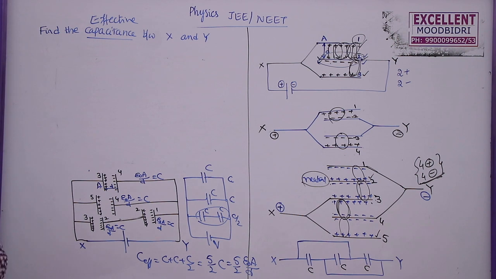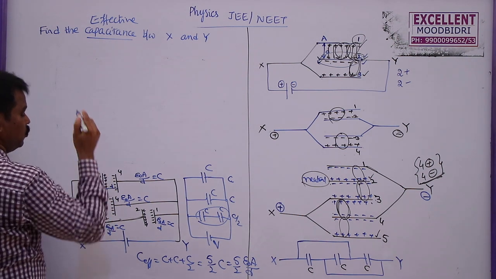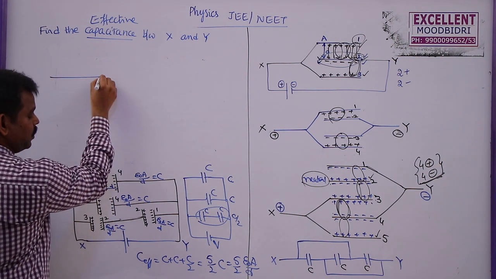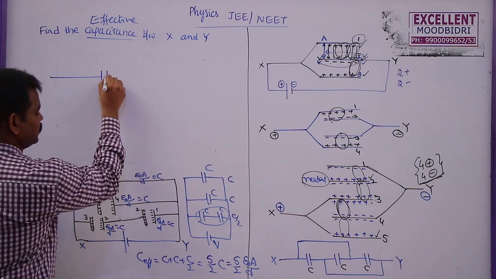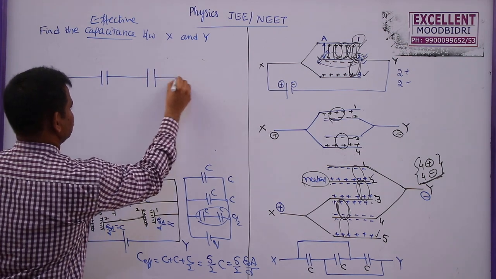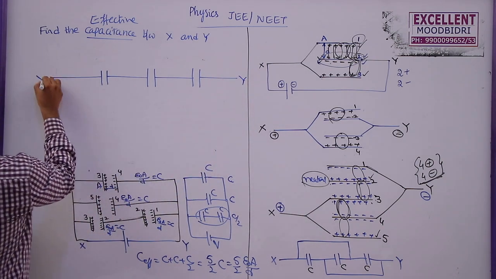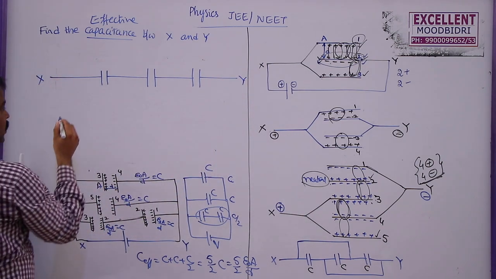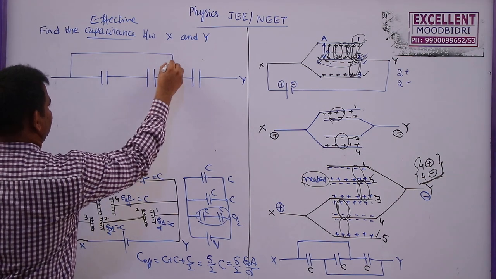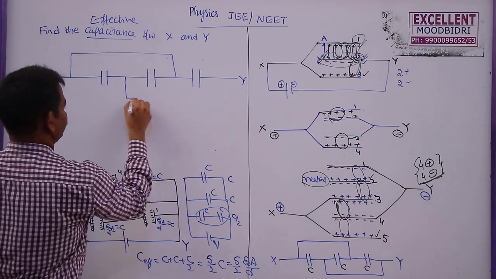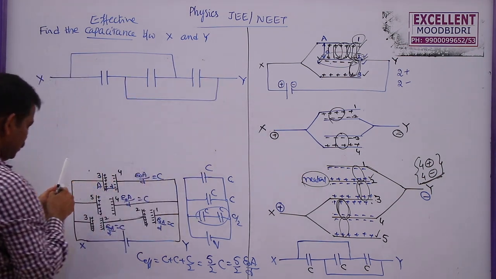So to draw this one, I am going to draw the same diagram here. This is the first capacitor, this is the second capacitor, this is the third capacitor, and this is Y, this is X. And here it is connected between these two, a direct wire, and this is another wire.